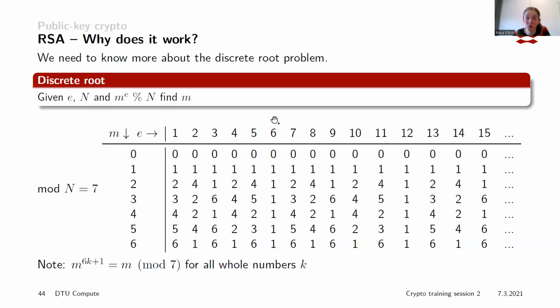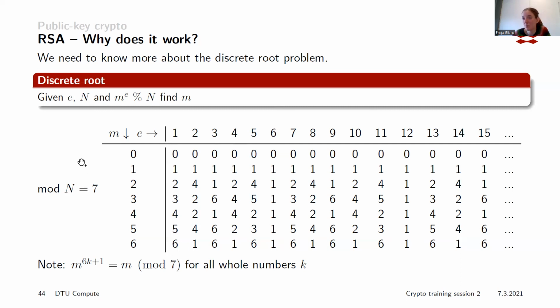So this is an argument why every column that has a number that's a multiple of 6, I'm just going to have the column 1. And 6 is actually lambda of n, because if I prime factor my n, the prime factorization of 7 is just 7.